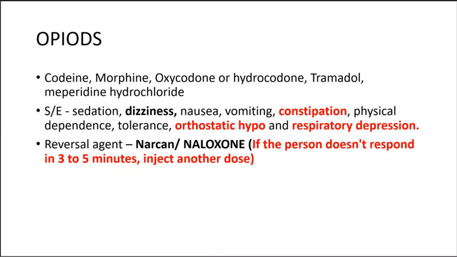And you want to stay with the patient until the naloxone wears off, like 30 to 50 minutes after the injection. So again, Narcan or naloxone is our antidote for opioid toxicity, and it helps to counter decreased breathing in our patients. If the patient doesn't respond, we can repeat another dose in 3 to 5 minutes.